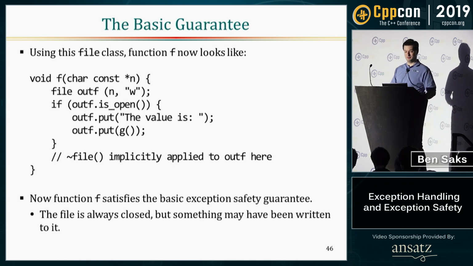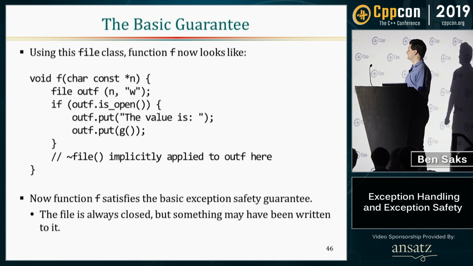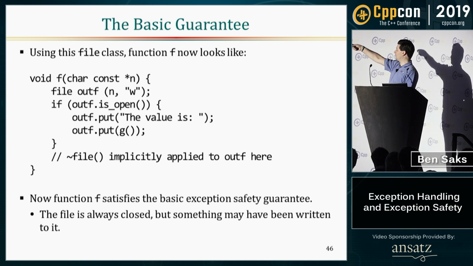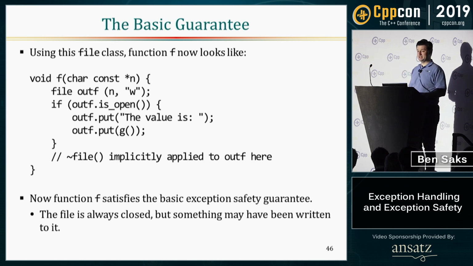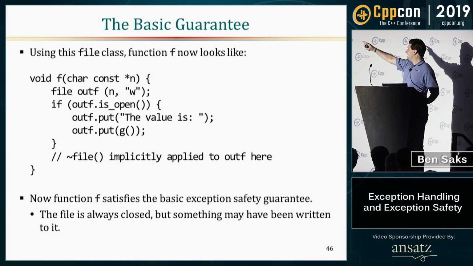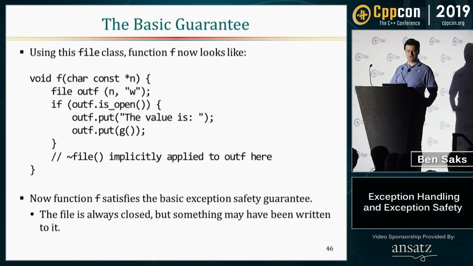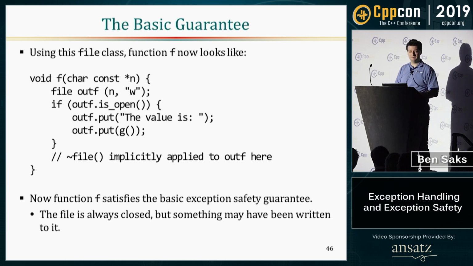So in this case, we just have one source of possible exceptions, and that's G in this function. So it looks like this. We construct our file object. We check to see whether it was actually opened successfully. We go ahead and write out the value to the file, and then we proceed to call G and write the value that G returns out to the file.